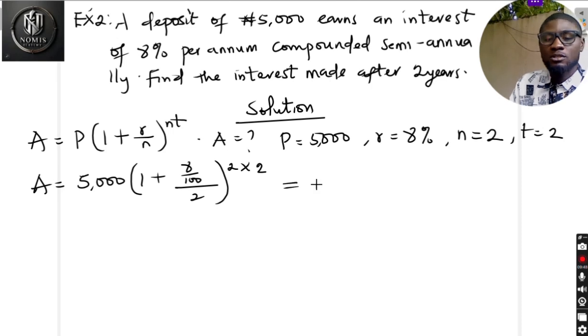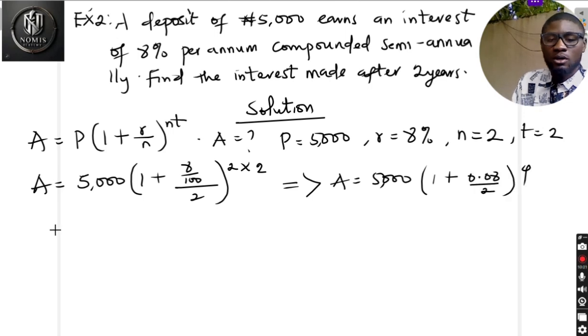So this becomes A equals 5000, open bracket, 1 plus 0.08 divided by 2, close bracket, to the power 4.